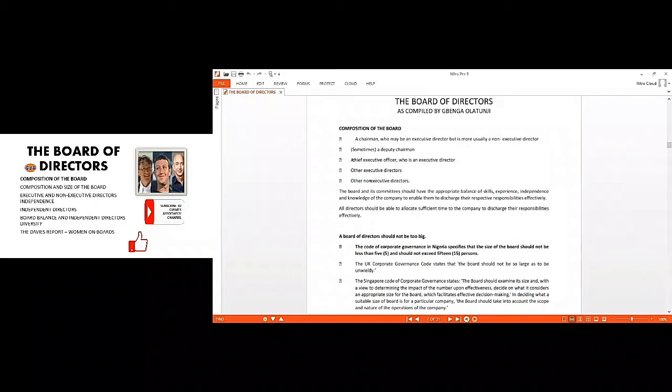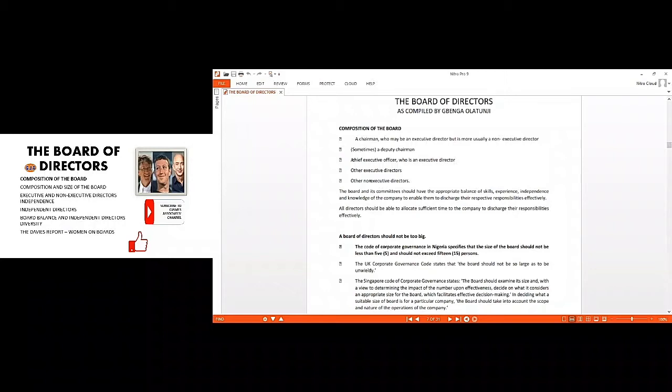Then part of the composition of the board is non-executive directors. So a board comprises the chairman, the deputy chairman, the chief executive officer, then we have executive directors, we have non-executive directors.